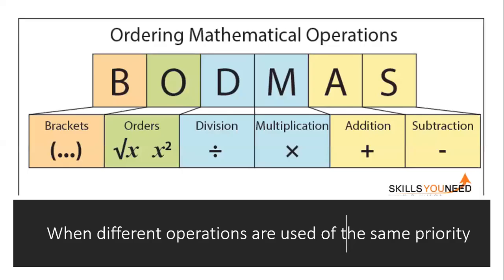Okay. Right. So when we have an expression with operations of the same priority, it does not matter which one is first. So that's division and multiplication in the same expression, or when we have addition and subtraction in the same expression. However, I'm going to show you when the BOMDAS thing matters.